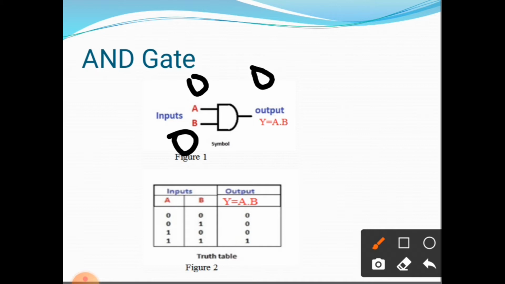Let us see another condition. Second condition, when we give A equal to 0 and B equal to 1, then the output is 0.